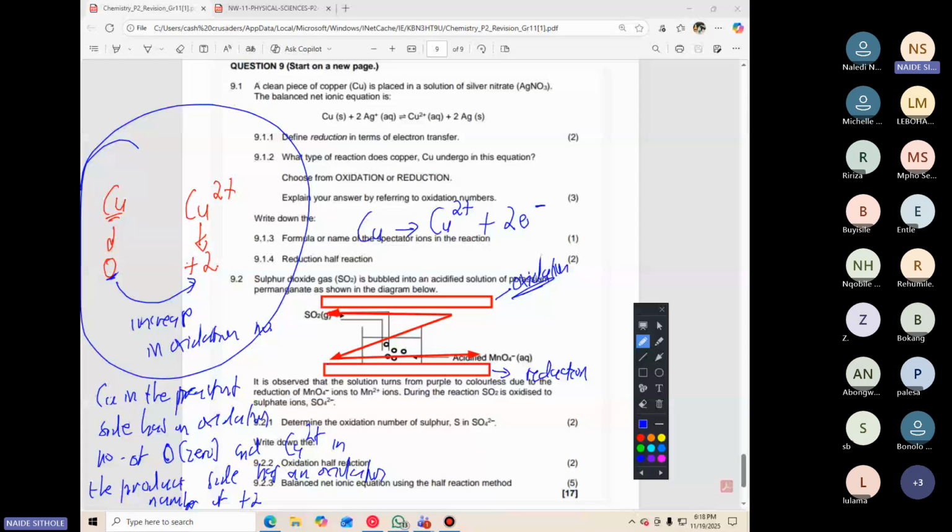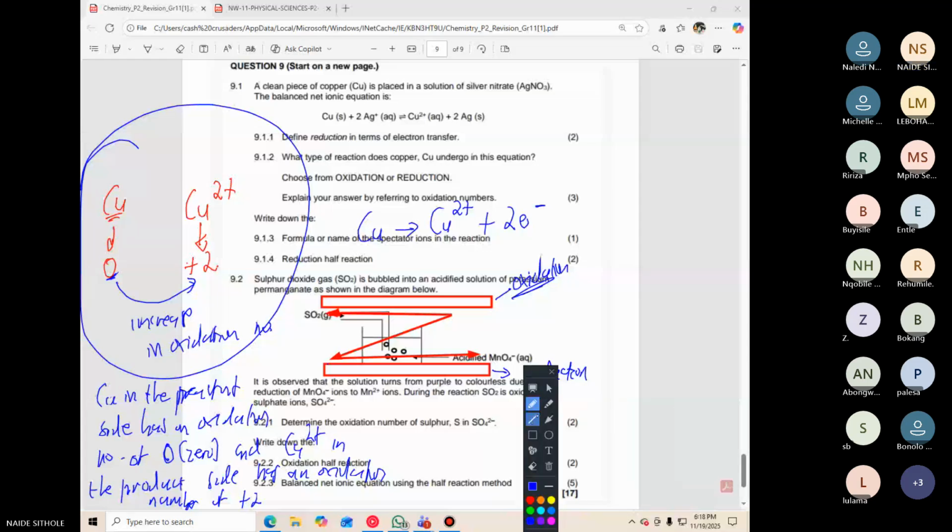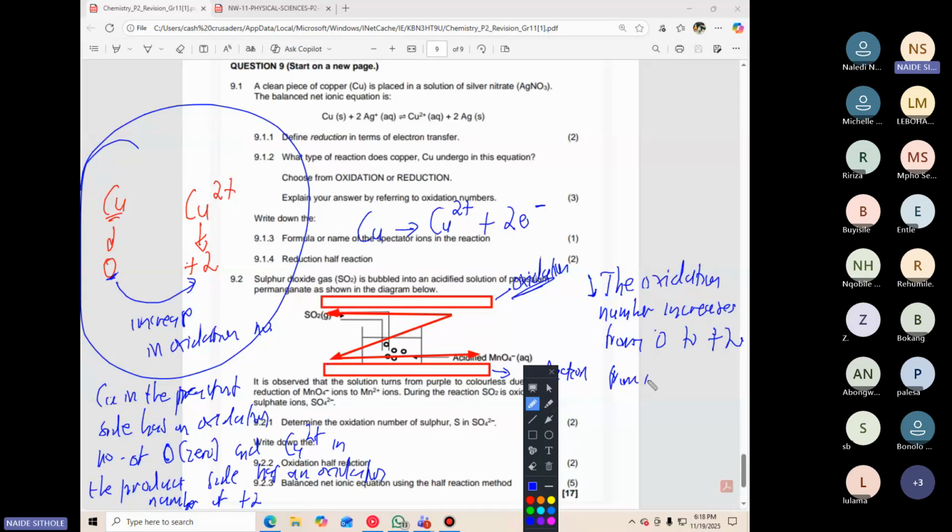Or, simple enough, you can just say the oxidation number increases from 0 to +2 from reactants to product.